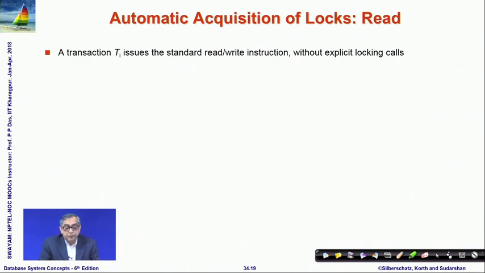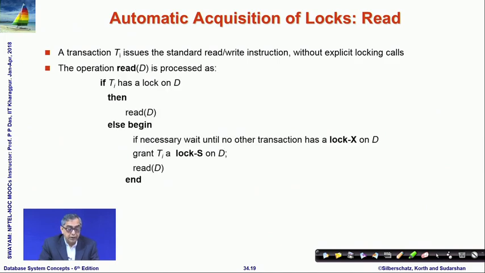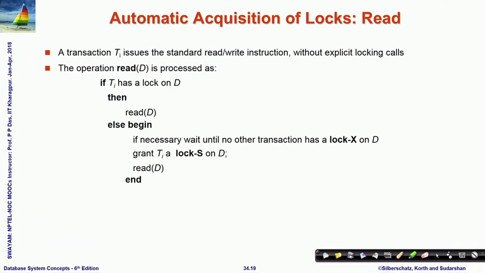Now, when you want to do a read or write, you may acquire locks automatically. The database systems will allow that. This is a very simple algorithm. If you want to read a data item and you already have a lock on it, whether shared or exclusive, you can simply read it.